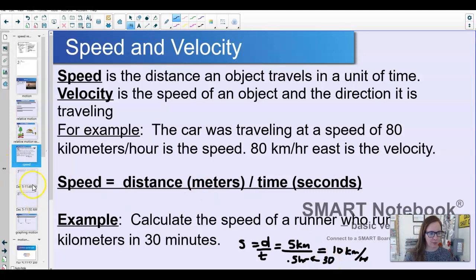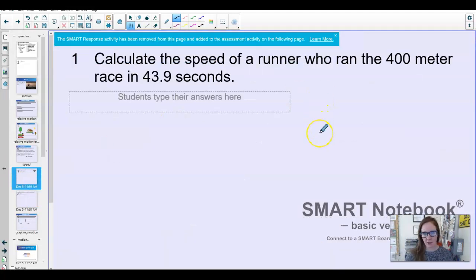Okay, let's do a couple more practices here. You can pause the video as well. So here we've got distance equals 400 meters divided by 43.9 seconds. And so in this case, this is a runner running the 400.